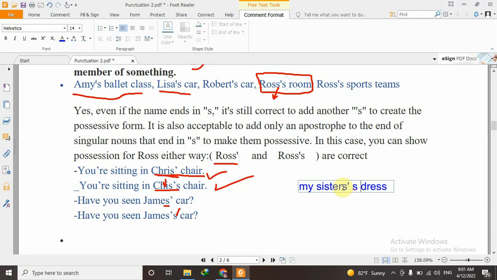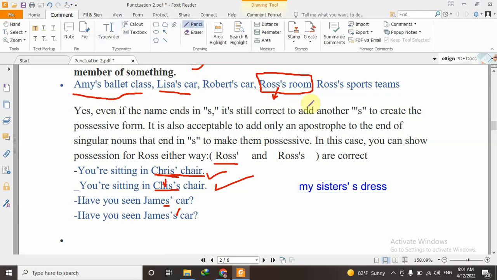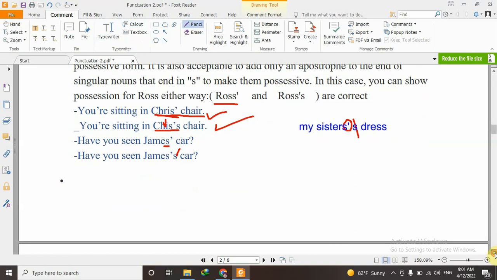So, because we have two s's, one plural and the second possessive, we are going to delete one of them. Which one do we delete? You have to delete the possessive s, because if you delete the plural s, you will no longer have any sign that this noun is plural. But if you delete the possessive s, you will still have the sign of possession, which is the apostrophe. Clear? This is the first rule of possessive.